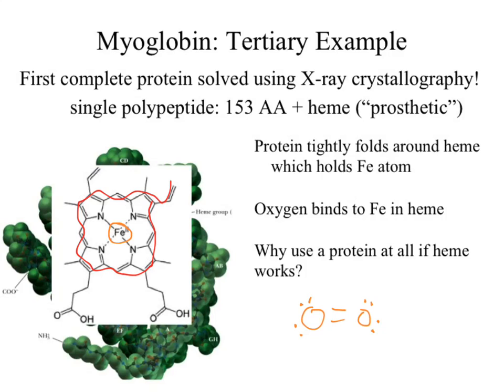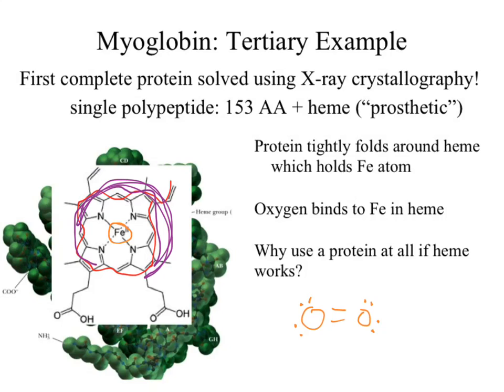If we take a look at the structure of that heme, is that water soluble? Probably not. We've got an awful lot of covalent bonds in that structure. It's probably going to be very hydrophobic, not going to sit well in water. Okay, so that's a very good reason that you guys should be able to pick up already. So that's good that you came up with it first.